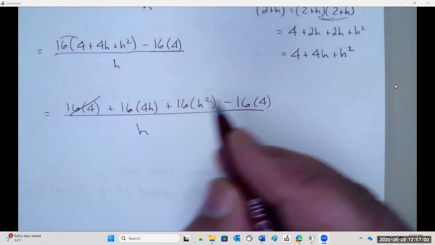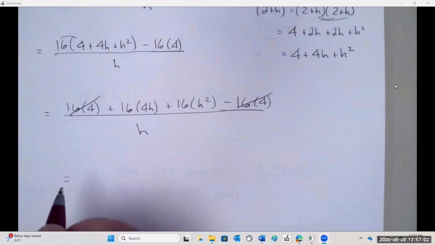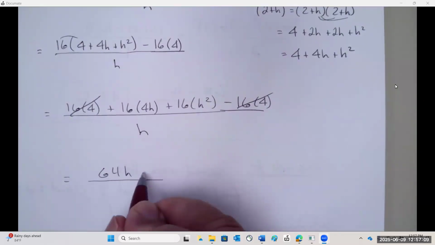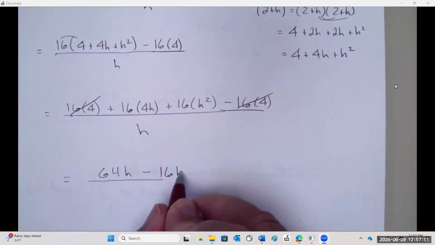So 16 times 4 minus 16 times 4, those cancel. 16 times 4 is 64h, minus 16h squared.